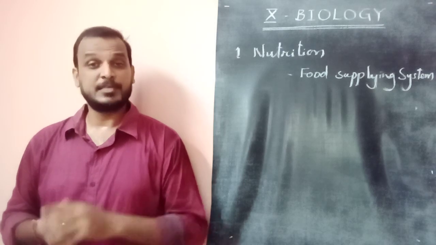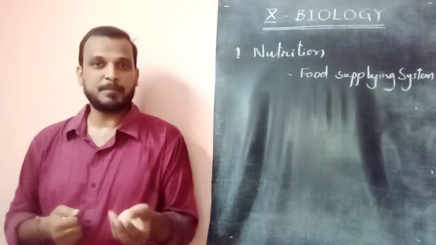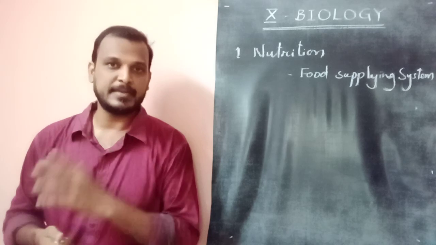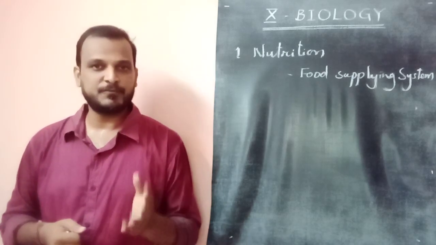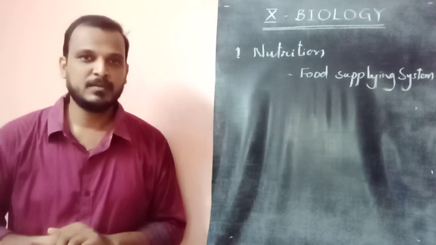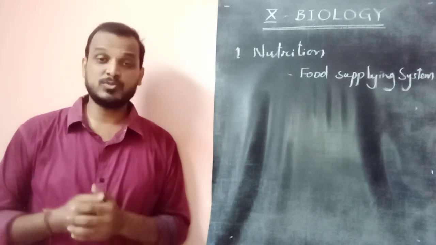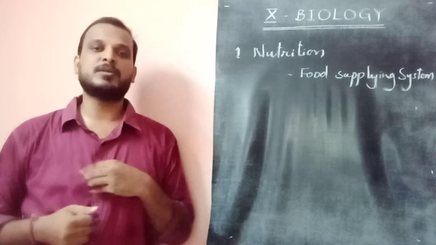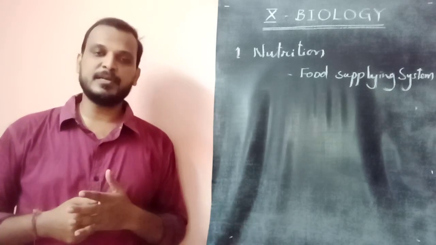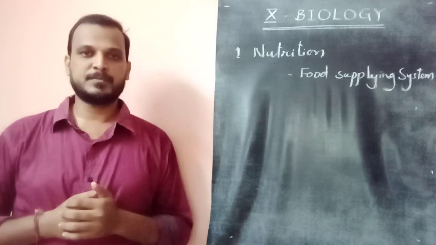No. Different organisms supply their food by different mechanisms. For example, plants will supply their food on their own, animals cannot. So the food supplying to the body is different in the case of different organisms.